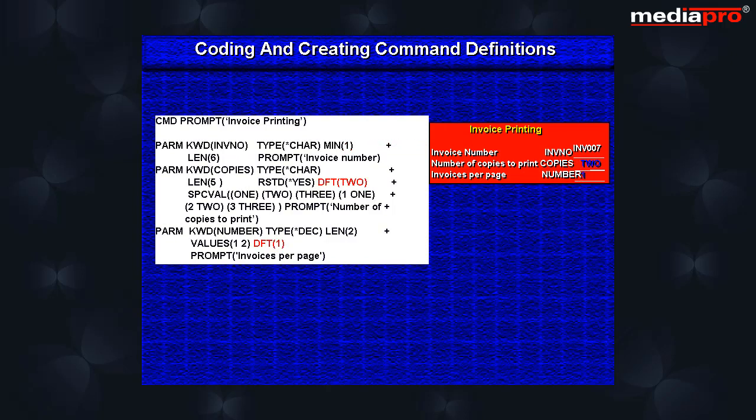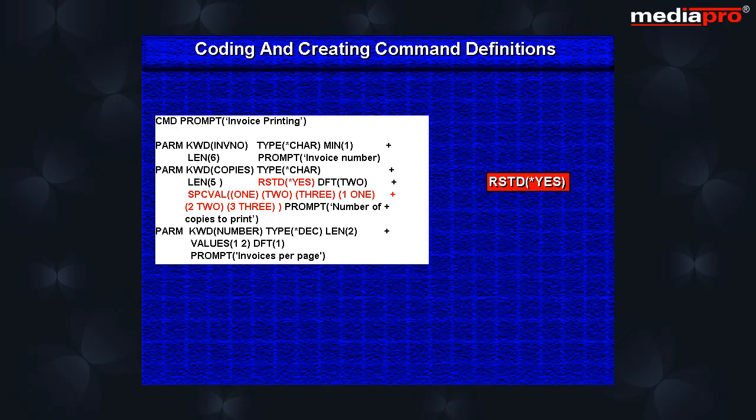The default parameter is used to specify a default value for a parameter that will be displayed on the screen. This parameter cannot be specified when the minimum parameter is specified.